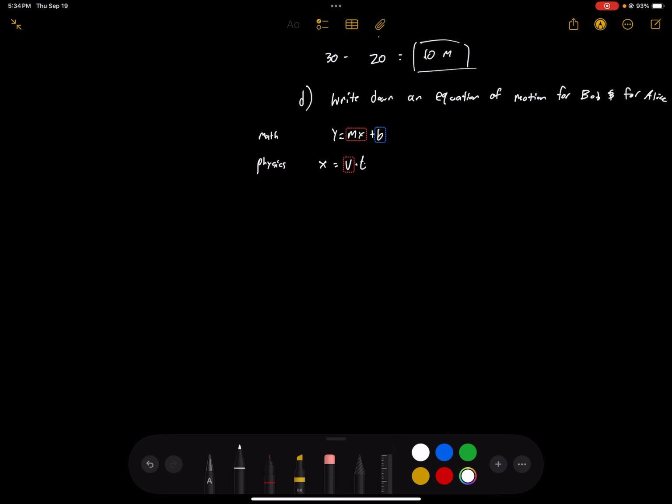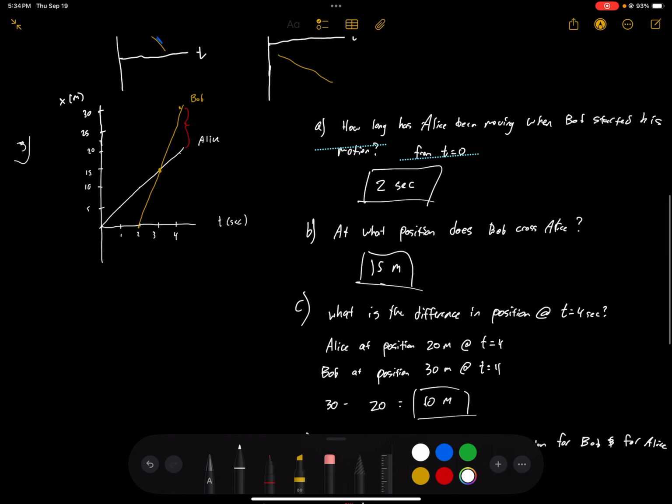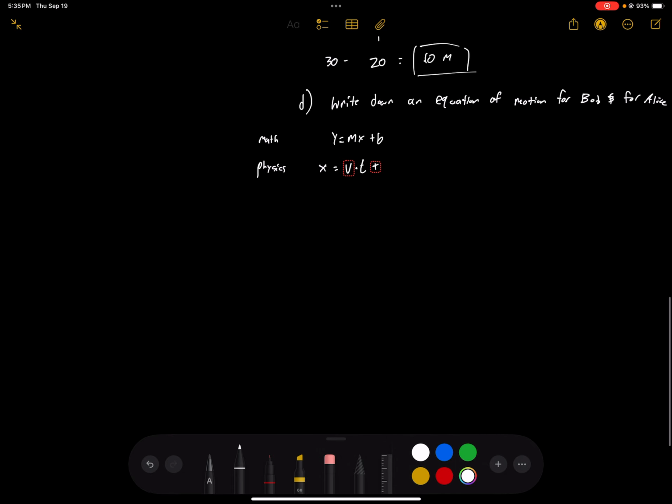So instead of x, we have t. Plus, now what would the y-intercept be in this case? What's the analogy? The analogy would be x naught. So x naught is the initial position at time equals 0. So it's going to have this form: v times t plus x naught.